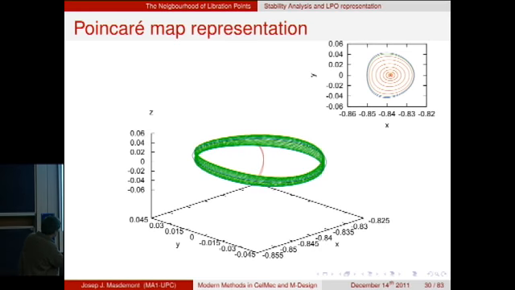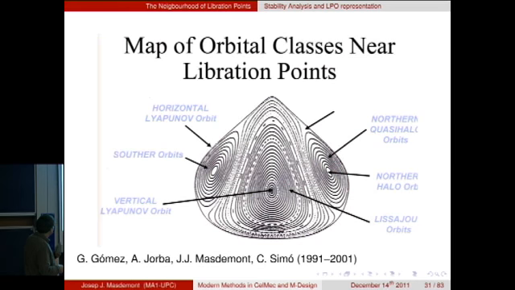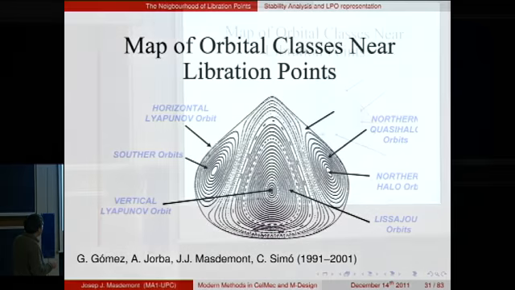So this outer orbit is in fact this one here that is completely contained in the plane. Okay. So by using things like this, we can represent the Libration point orbits. These are for a given level of energy, and for other levels of energy, so it means taking the Hamiltonian to another level, or the Jacobi constant, which is the same, we find these different classes of Libration point orbits.